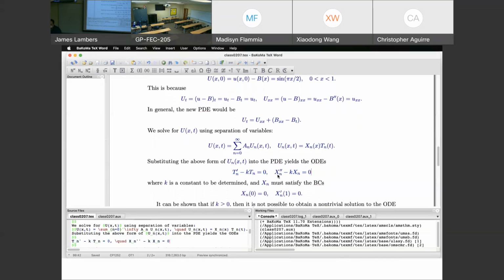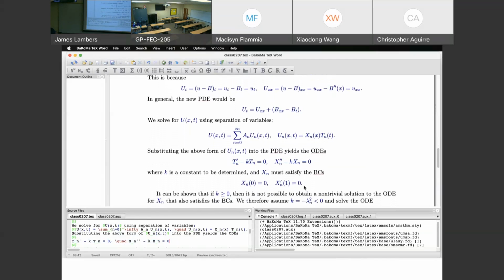And the ODE for x has the same boundary conditions, but only homogeneous. I won't go over details here, but we've seen there are examples where we have to check: is this constant k positive, negative, 0? Cases of it being positive and 0 just aren't going to work out. You can't get a non-trivial solution that satisfies the boundary condition. K turns out that it must be negative.